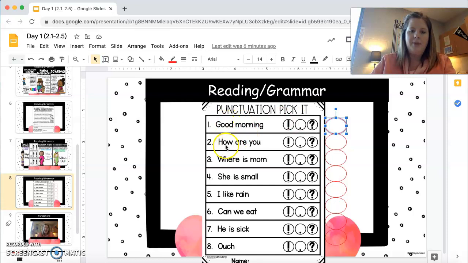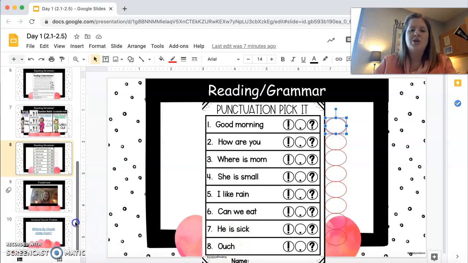So it says good morning. How are you? Where is mom? She is small. I like rain. Can we eat? He is sick. Ouch. So think about the punctuation that you would use for those and then move that little red circle on top of either the exclamation point, period, or question mark.